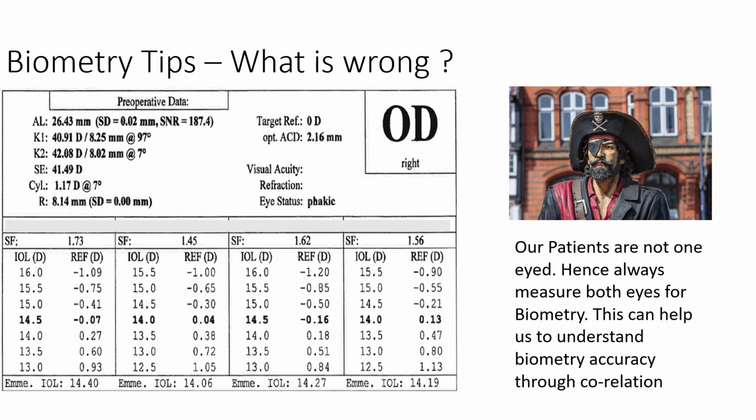Similarly, in axial length measurements, the two-eye difference in axial length should not be more than 0.3 millimeters. Remember, an error of 0.3 millimeters in axial length for a normal eye can lead to 1 diopter of error in IOL power. Therefore, a two-eye difference of more than 0.3 millimeters is a problem and needs to be checked again.